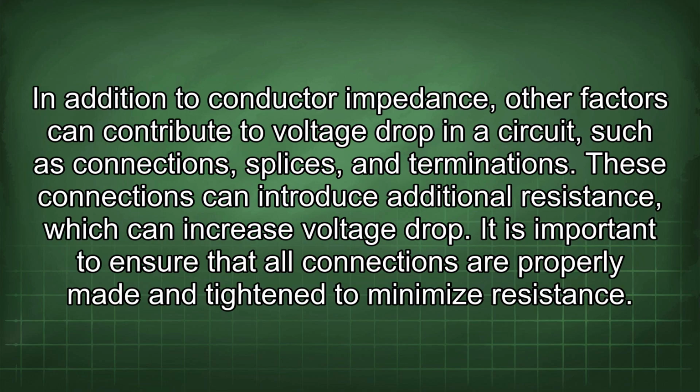In addition to conductor impedance, other factors can contribute to voltage drop in a circuit, such as connections, splices, and terminations. These connections can introduce additional resistance, which can increase voltage drop. It is important to ensure that all connections are properly made and tightened to minimize resistance.